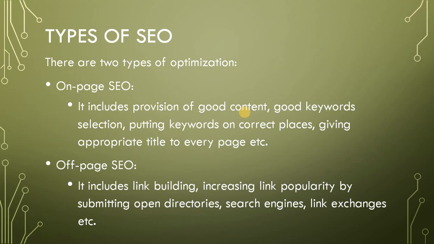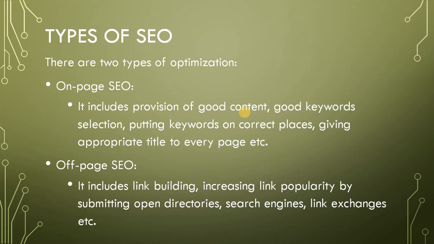The second type is off-page SEO. Off-page SEO means there is nothing present on the web page, but there are different ways in which the website can rank higher in order. For that, we can use link building.